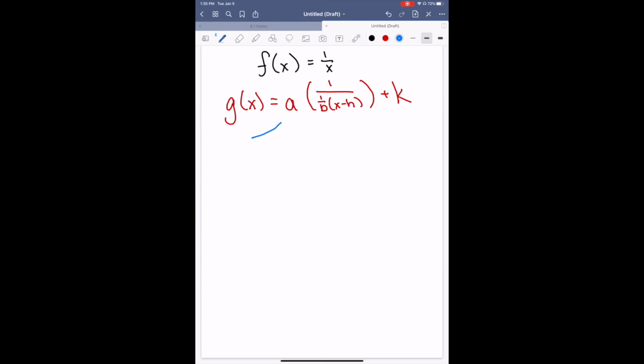So, what does a do? Remember, if we have a negative a, it is a reflection over the x-axis. Okay, that's one function for a. If a is less than 1, then it is a vertical compression. And if a is greater than 1, then it is a vertical stretch.